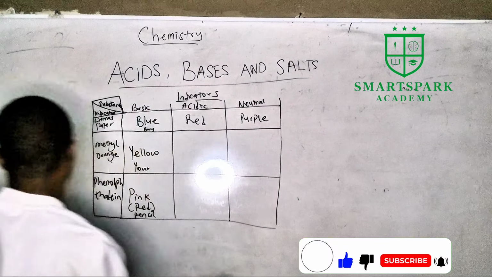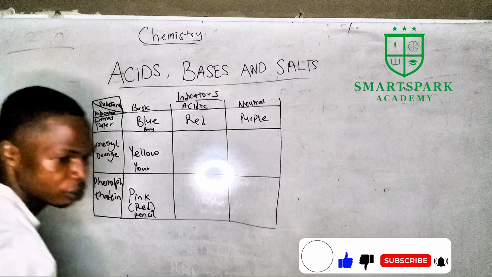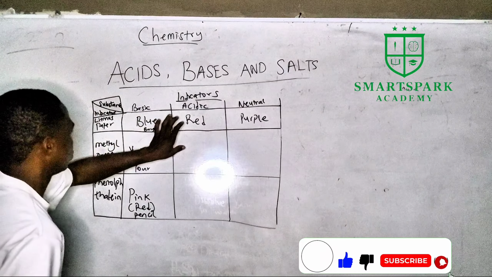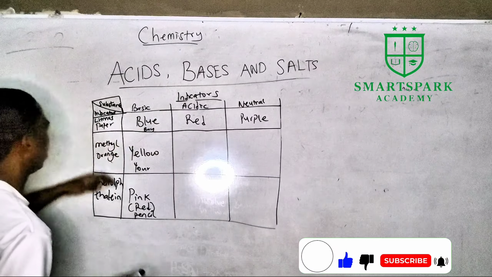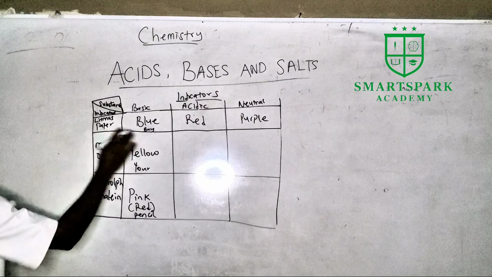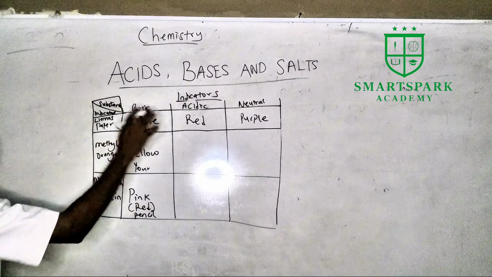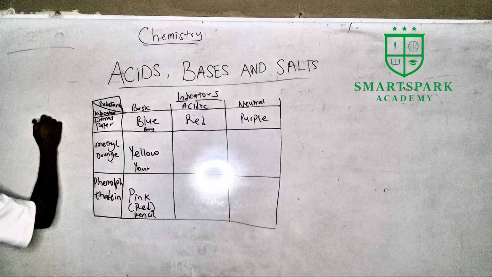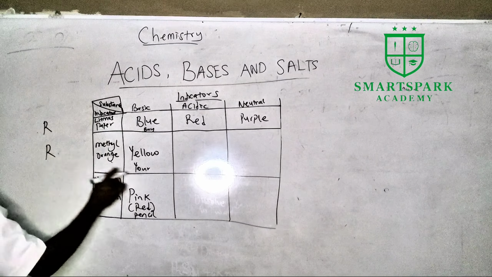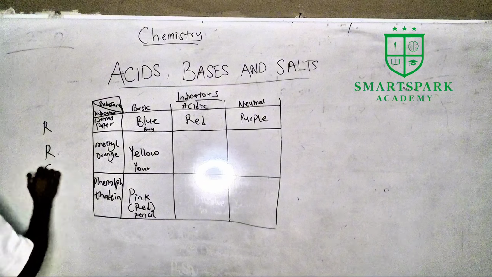Then for an acidic substance, the color change that will occur in a litmus paper will be what? Red. Arrow. The next one will also be red. Then the next one will be what? C. I will explain.